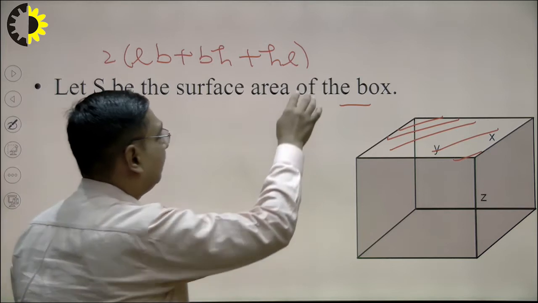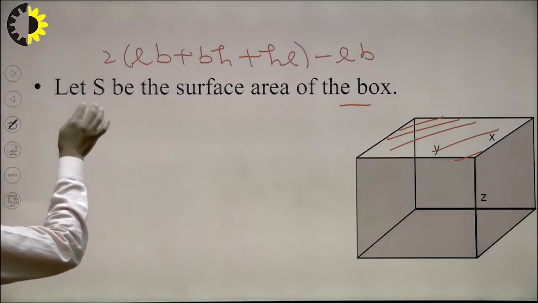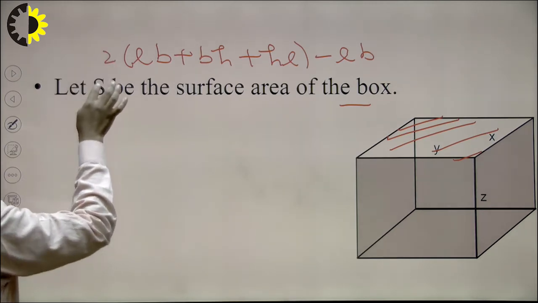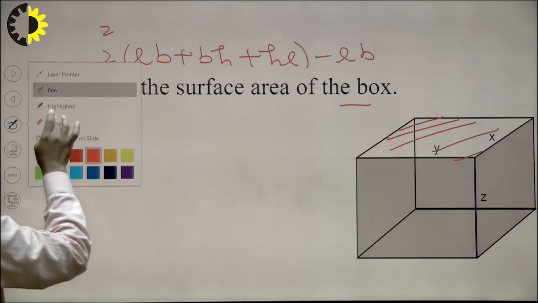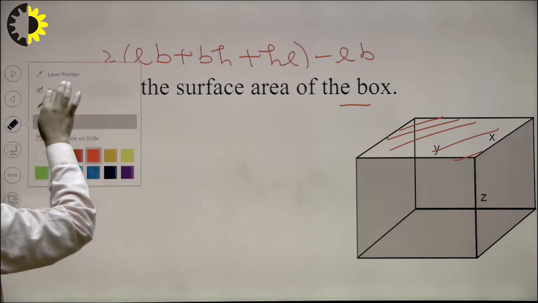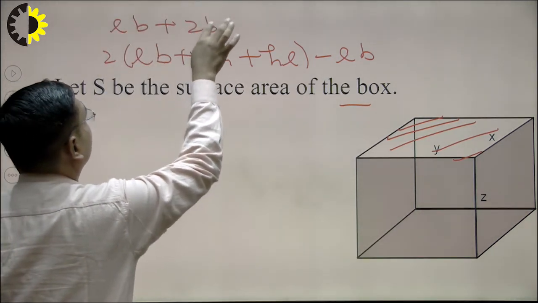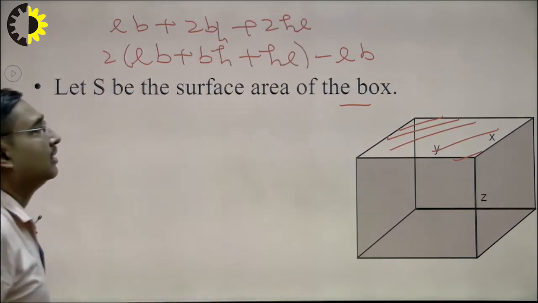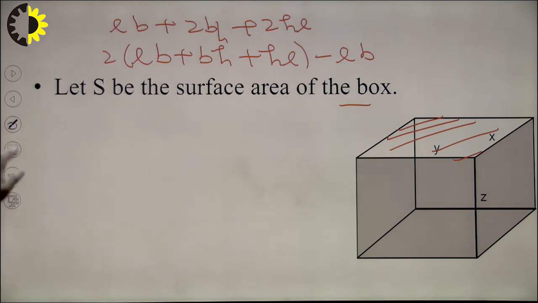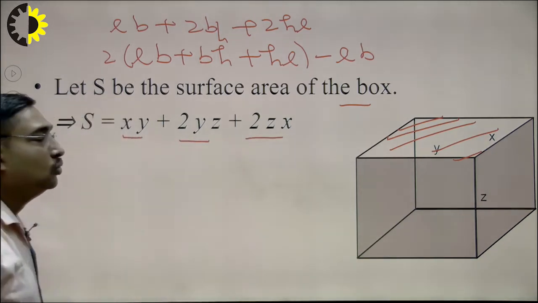The area of this top will be L into B, and therefore, the formula used for surface area of an open box will be LB plus 2BH plus 2HL. This formula will be used to find the surface area of the box, and so the surface area will be xy plus 2yz plus 2zx.